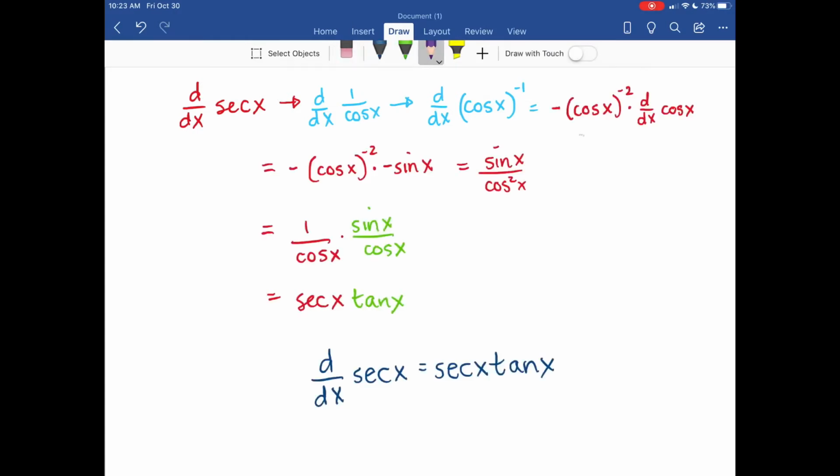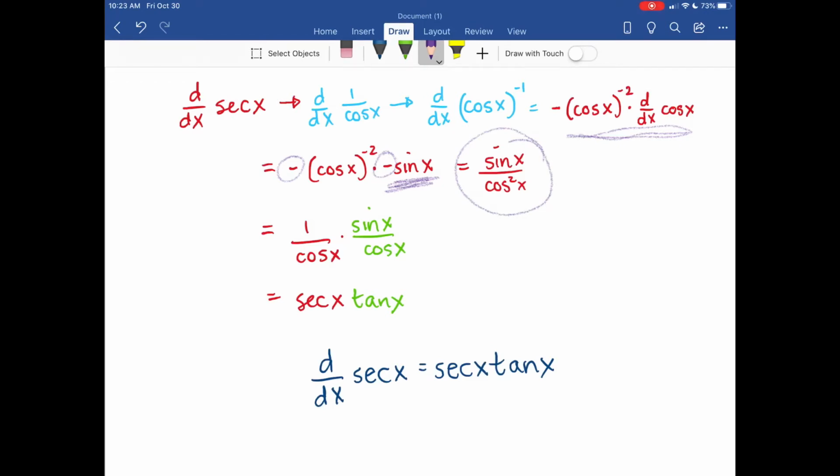So you'll notice here, with this step, we used the chain rule. So our g of x is cosine. And here, we replaced the derivative of cosine with what it is. It's negative sine. And here, because we had that double negative, we rewrote it, and I brought that cos x to the bottom.